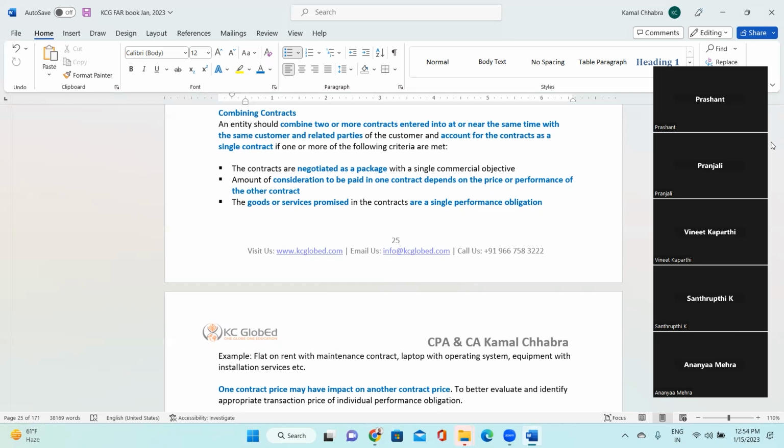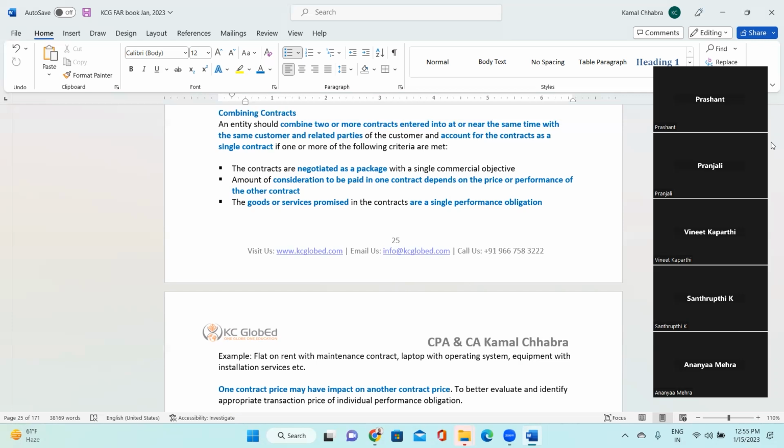When you enter into a contract with the same party or related party at the same time or about the same time, there is most likely a probability that those contracts have been negotiated together and are interrelated. So they should be evaluated together.